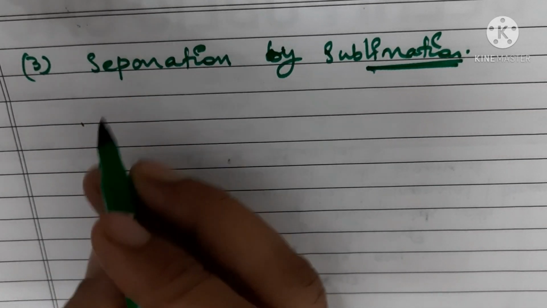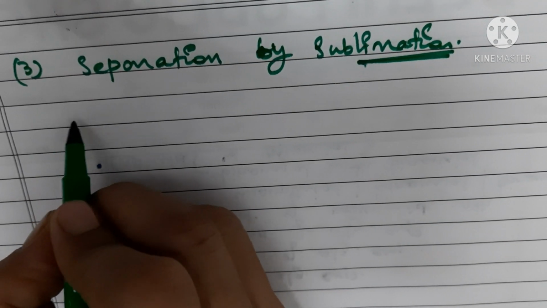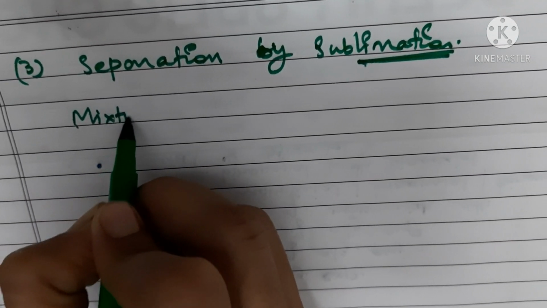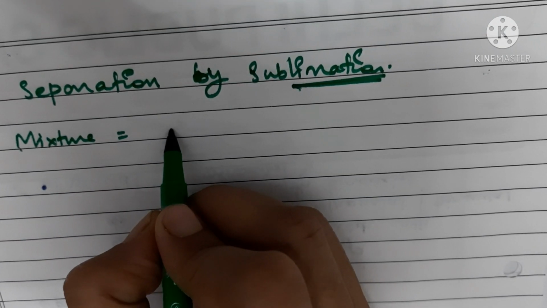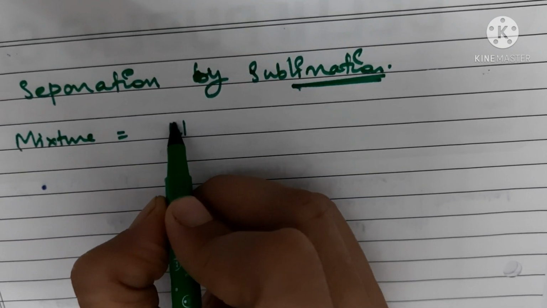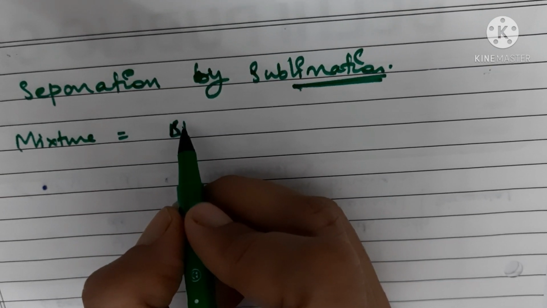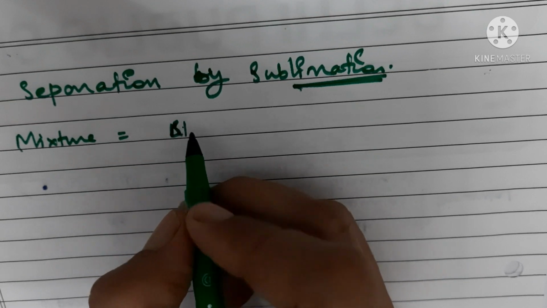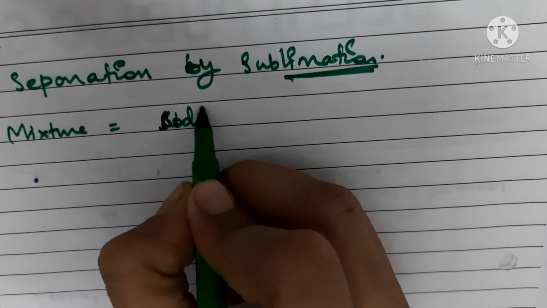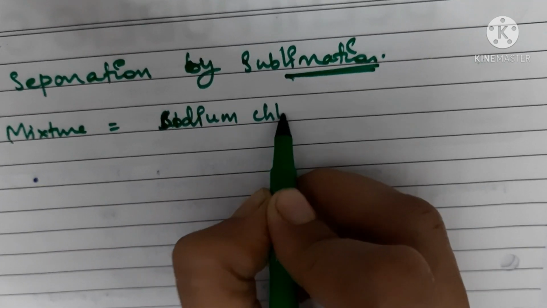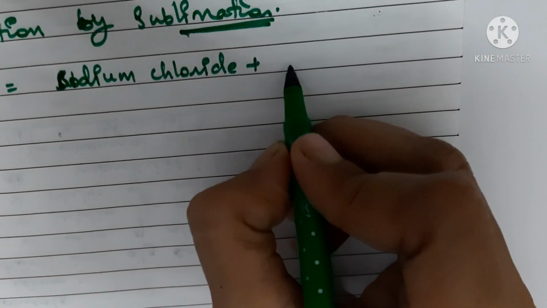Okay, so we are going to consider here one of the mixtures first. Let us consider, suppose you are having NaCl, or sodium chloride. So if you are having a mixture of sodium chloride and ammonium chloride.